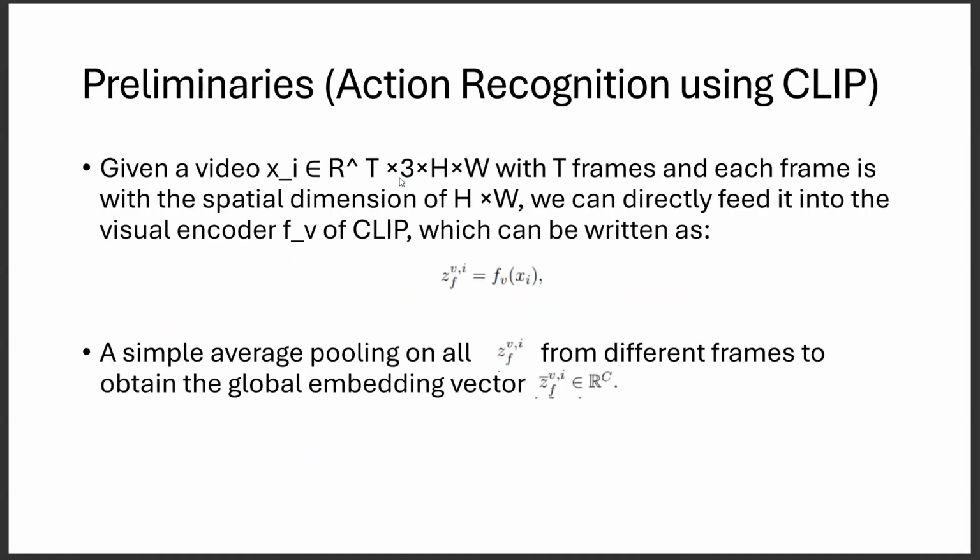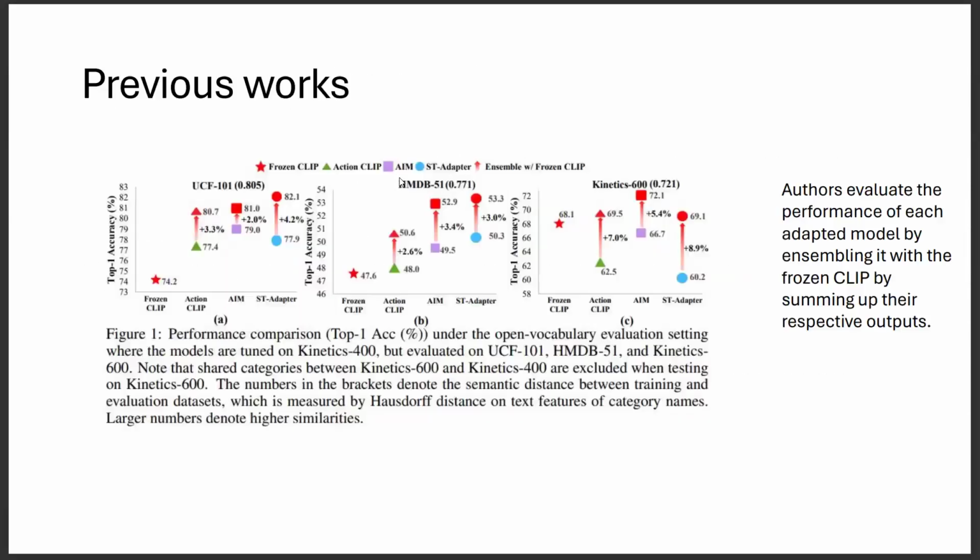Let's say in the example here, even if the action CLIP or other models weren't particularly trained on this data set, it was performing not bad. It's 77.4 in that particular data set. So it's not that bad. They just need to tune it slightly to get better performance.